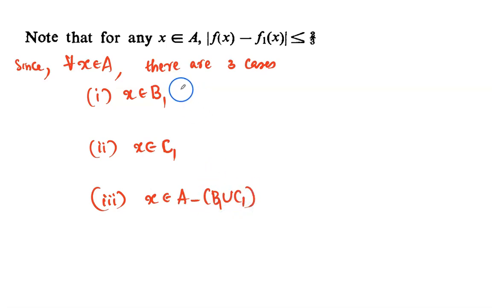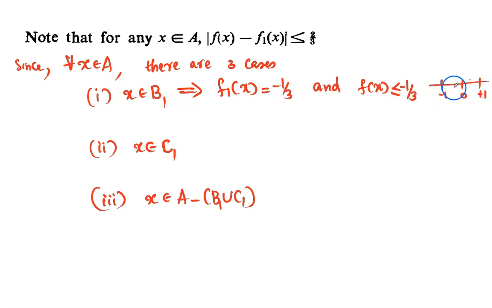In the first case, f1(x) will be equal to -1/3 since f1 maps every point of B1 to -1/3, and using the definition of B1, we can say that f(x) is less than or equal to -1/3.